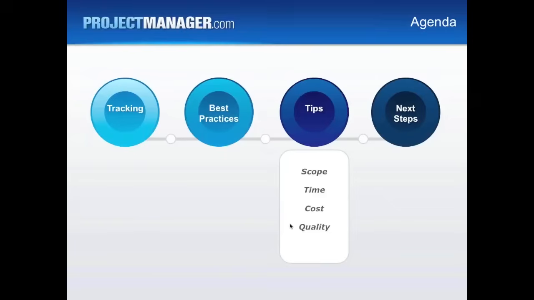So when you baseline something, it's the initial agreement of what's the scope, what's the budget, what's the timeline, what's the quality specs. Once that's all agreed upon in the initial phase of the project, that's what we call baseline, and then that's what we track against.